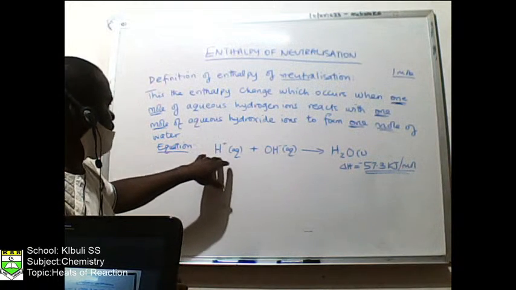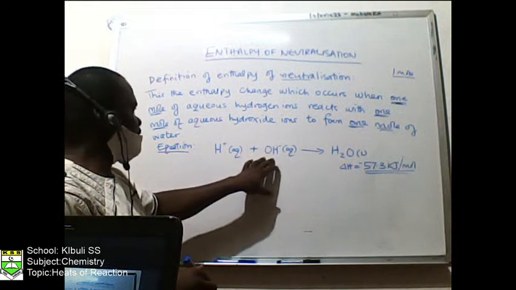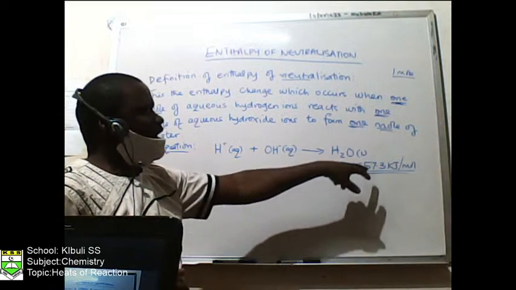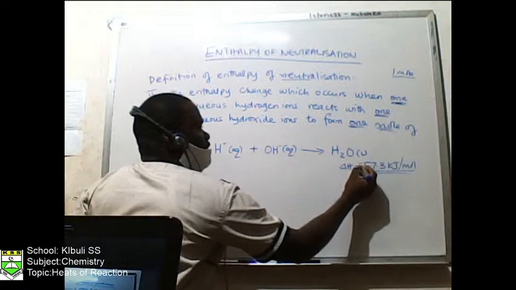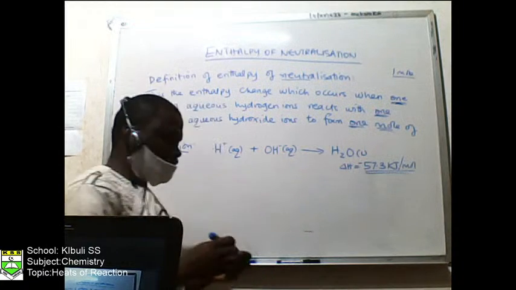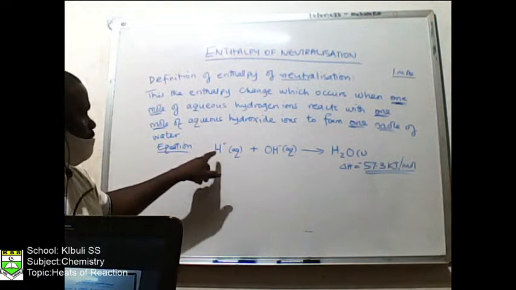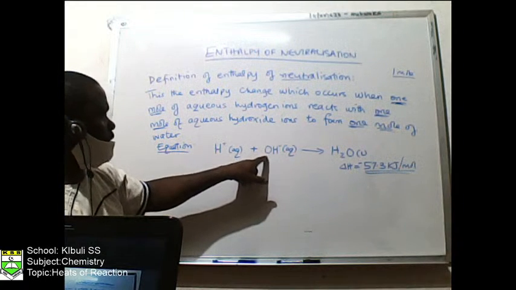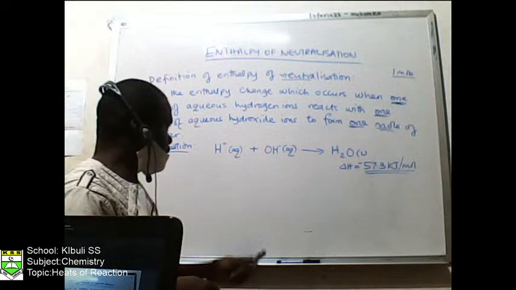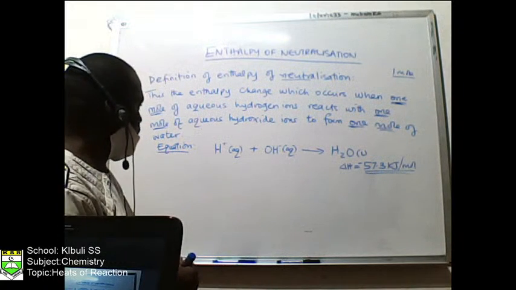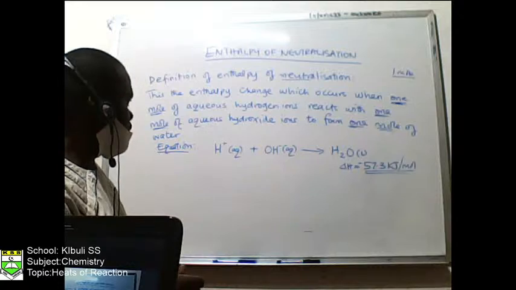Whenever 1 mole of hydrogen ions reacts with 1 mole of hydroxide ions, 1 mole of water is produced, and this is the energy which is given out, and it is 53.7 kilojoules for every mole of hydrogen ions reacting with a mole of what? Of hydroxide ions. So that's the equation of the neutralization reaction.